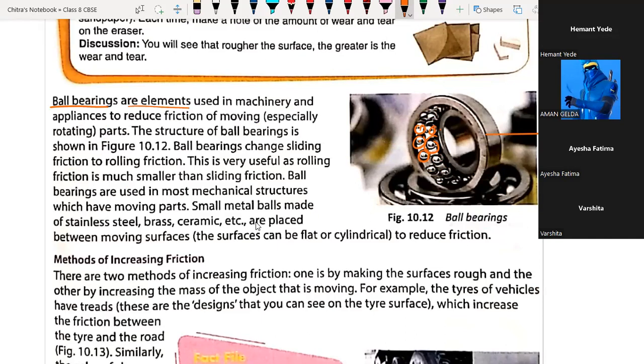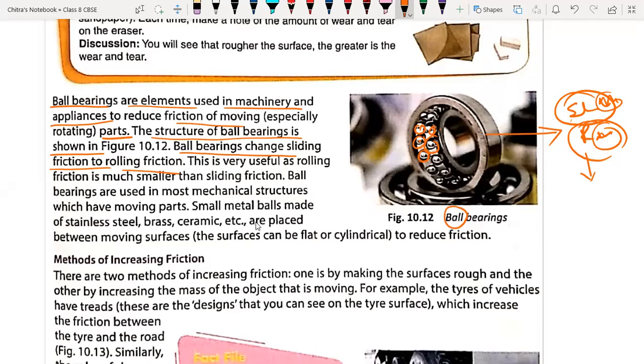Ball bearings are elements used in machinery and various appliances to reduce the friction of the moving parts of the machine. The ball bearing changes sliding friction to rolling friction.